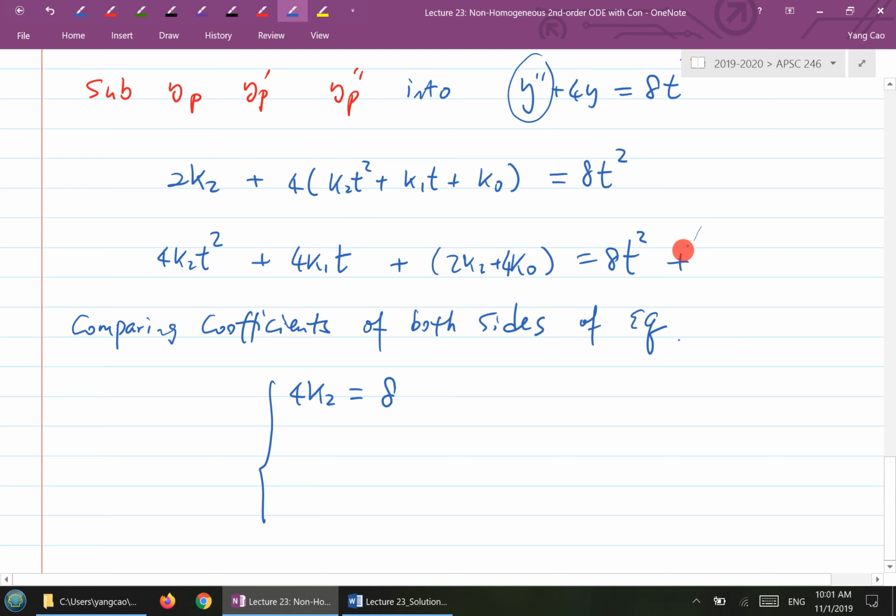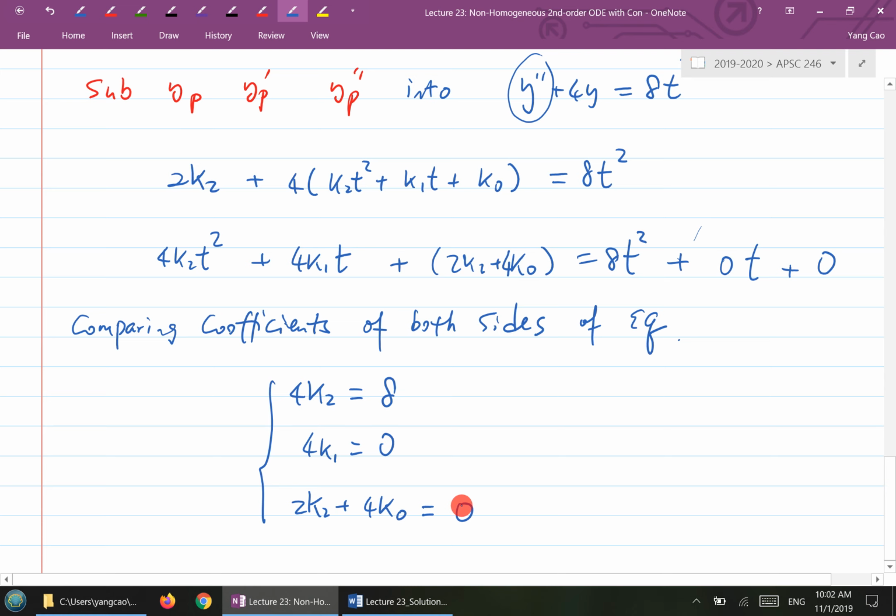And this side has a 0 for the t term, so you should have 4k1 equal to 0. And similarly, you have a 0 constant on the right side, so 2k2 plus 4k naught should be 0 too.